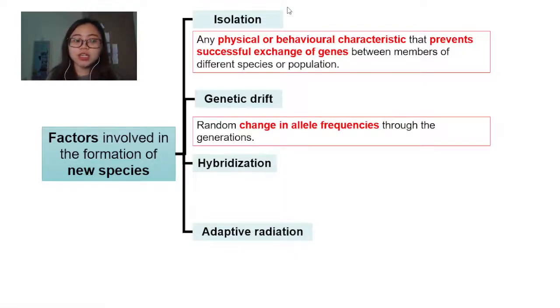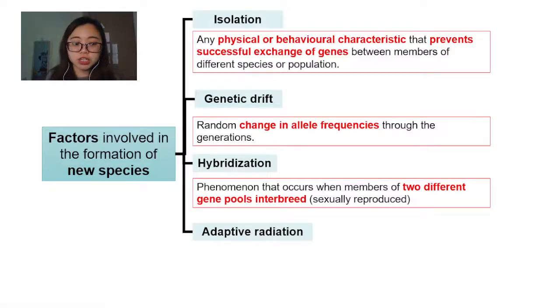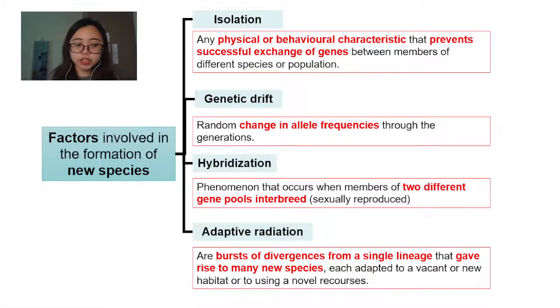Genetic drift is when you have a random change in allele frequencies through the generations. Hybridization is a phenomenon that occurs when members of two different gene pools interbreed or sexually reproduce. And adaptive radiation is when there are bursts of divergences from a single lineage that gave rise to many new species, and each will be adapted to a vacant or new habitat or to using novel resources.